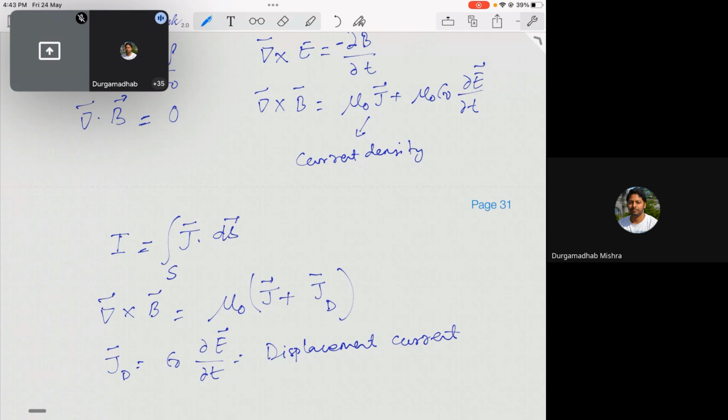We are just saying this so that you can distinguish it from the actual current density. So J is always the actual current density due to a real flow of charges. But J_D, the displacement current, was used in the beginning when Maxwell talked about it. There is no such displacement current that flows in a wire or in a loop or anywhere.